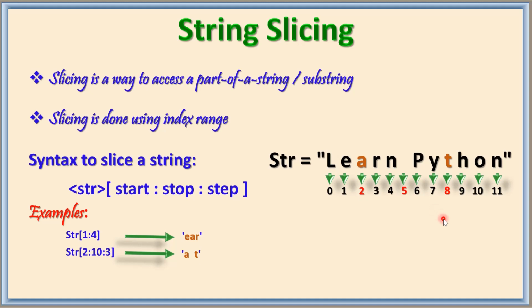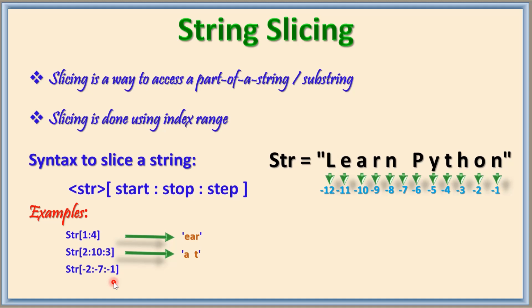We also know that characters in the string are also indexed in reverse order, that is with minus indexes. Let us see an example for that. str[-2:-7:-1]. So let us write the string indexes in reverse order. You need to remember this: -1 is from right to left. The default value of step is 1 only.